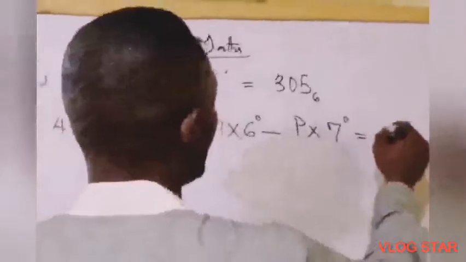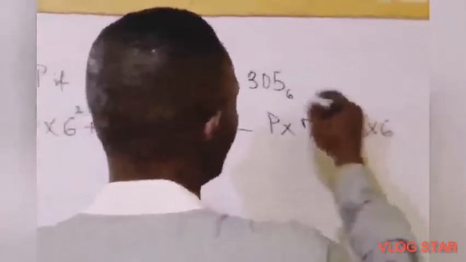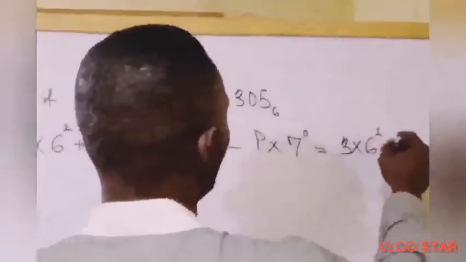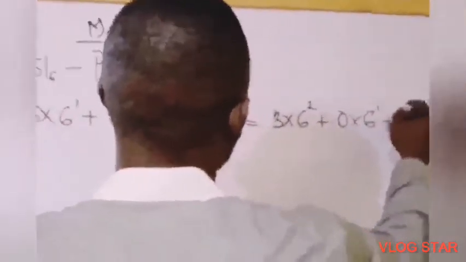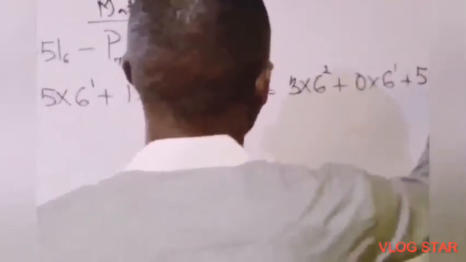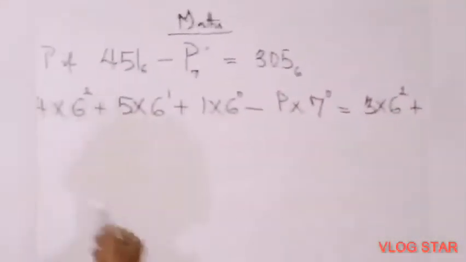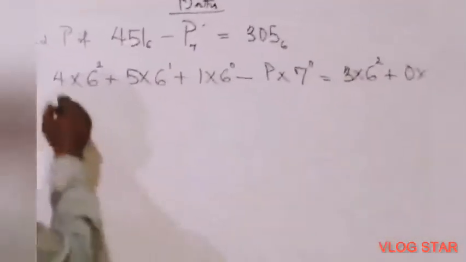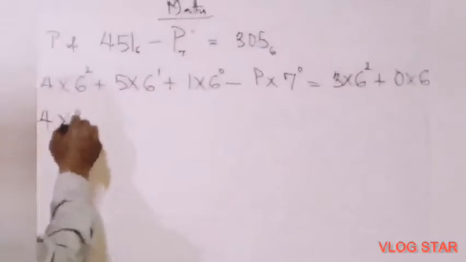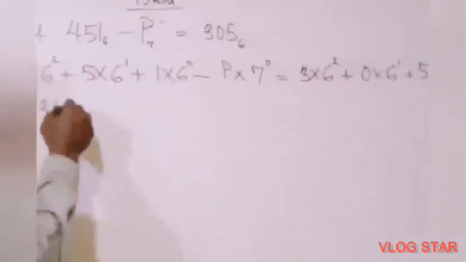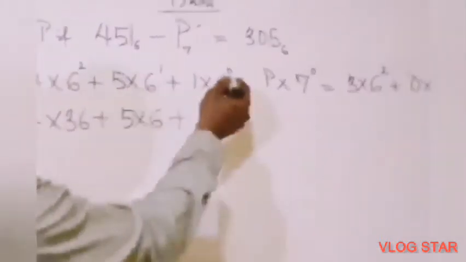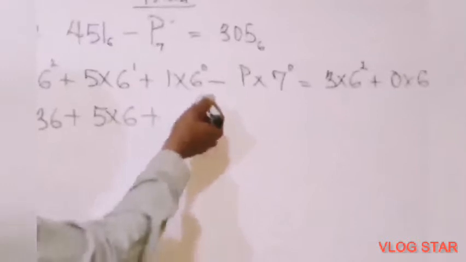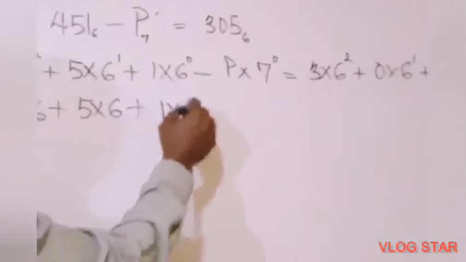So equals 3 times 6, the base is 6 here, to the power of 2 plus 0 times 6 to the power of 1 plus 5 times 6 to the power of 0. Why did I do it this way? You can see here, I'm converting all to base 10. Now here you have 4 times 36, 6 to the power of 2 is 36, plus 5 times 6 plus 1 times 1, because this is 6 to the power 0, by law of indices, this becomes 1.